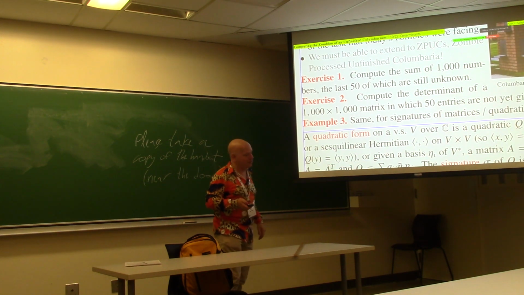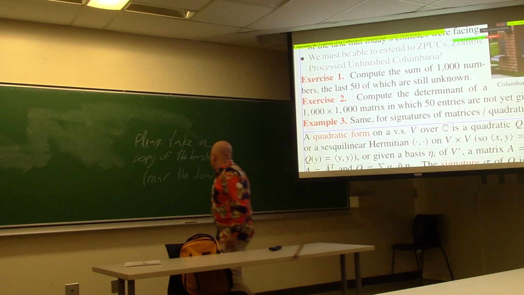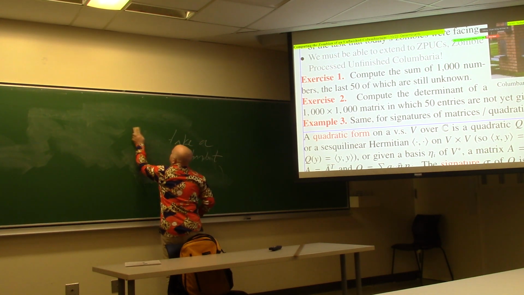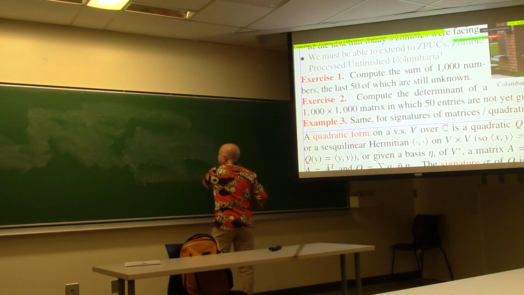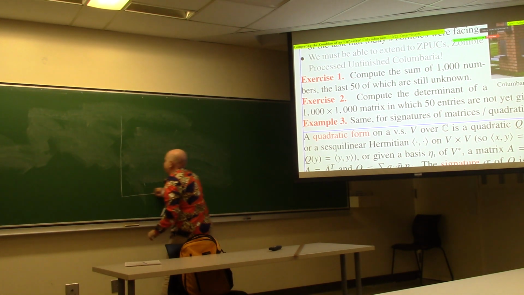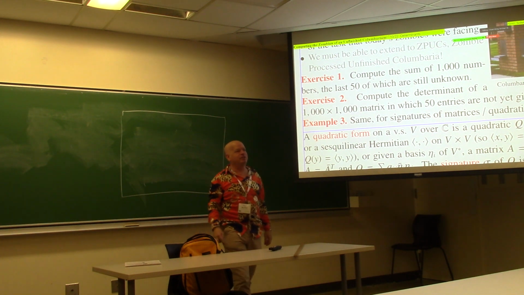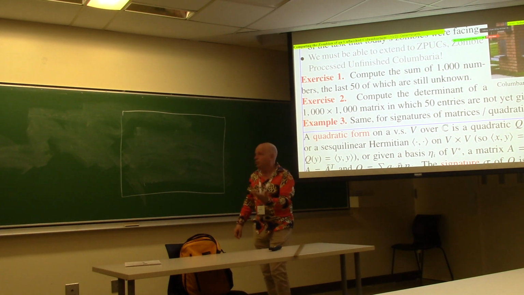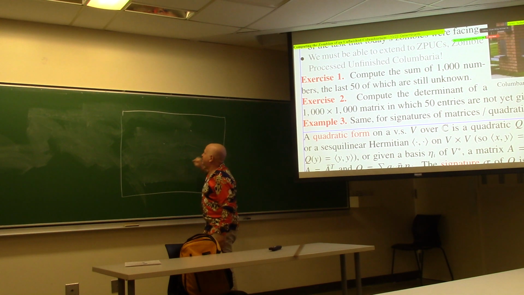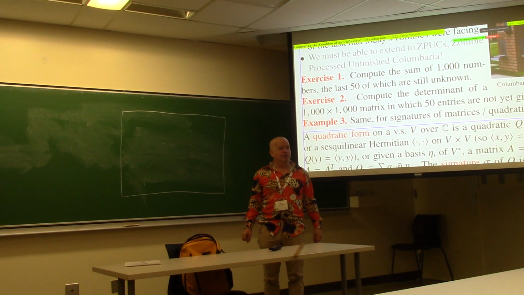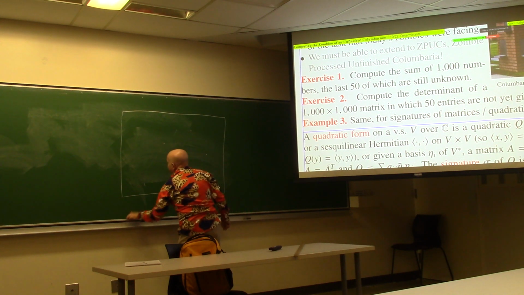Here's a harder exercise. You have a 1,000 by 1,000 matrix, a big matrix, but 50 entries in it are still unknown. The Zombian is the determinant. What do you do? Just let them be variables.